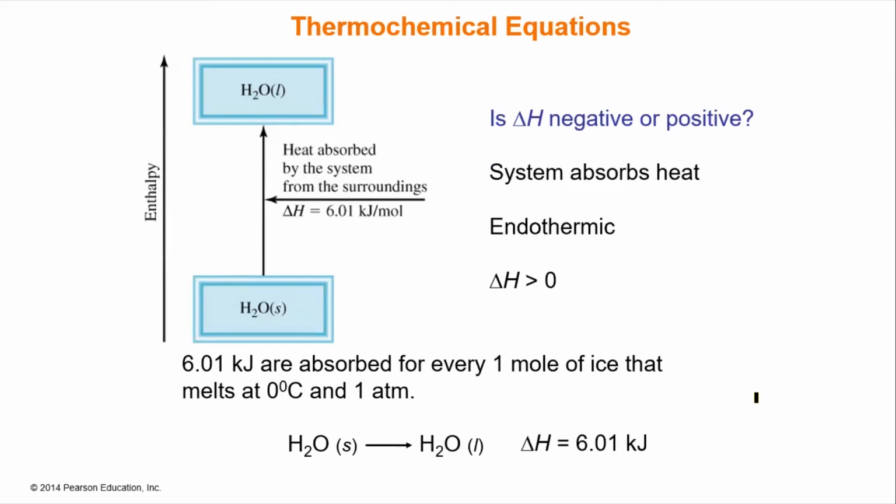On the right side, we added an extra piece of information, the delta H for this process, the heat of this process. This combination of the chemical equation with the value of delta H is what we call a thermochemical equation.